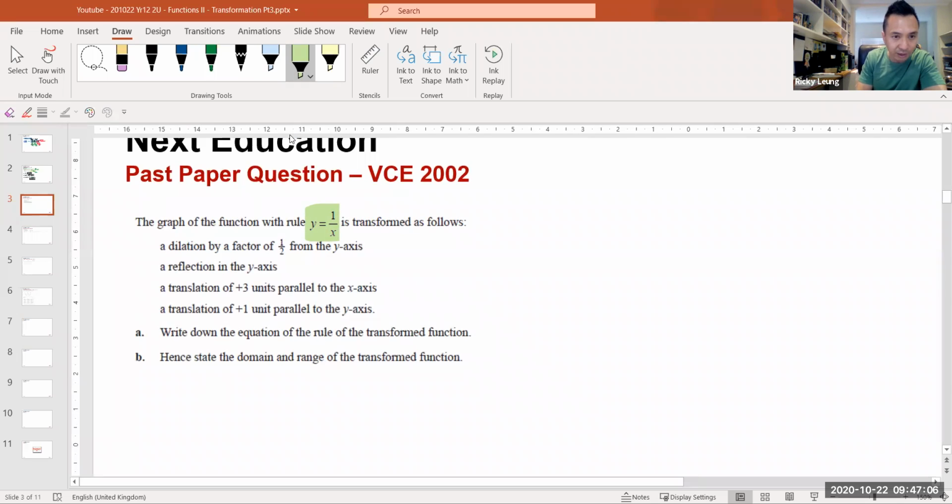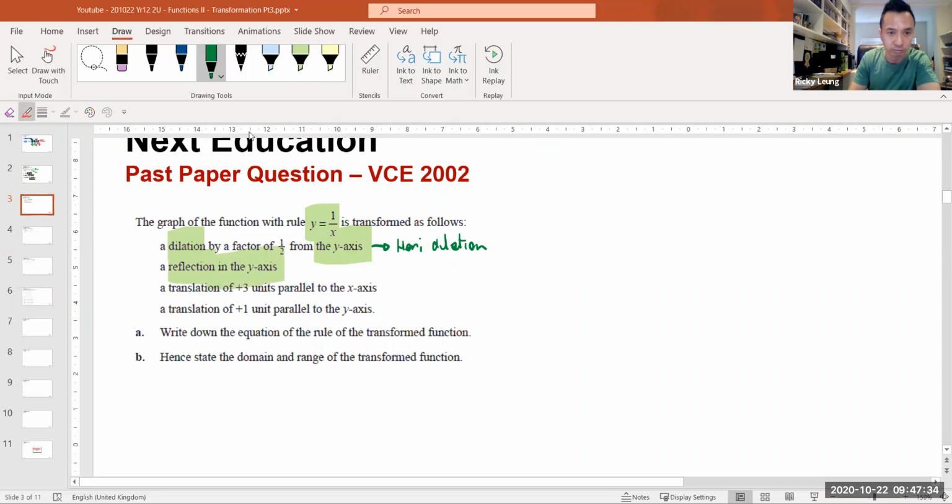So I've got a dilation from the y-axis, right? If I'm dilating from the y-axis, that is a horizontal dilation. Horizontal dilation, right? So let me just write this down. That one there, horizontal dilation, that's important. Next one, reflection, okay, in the y-axis though.